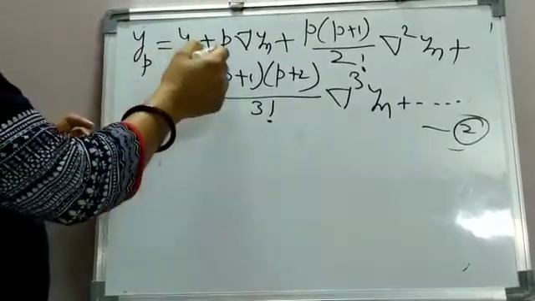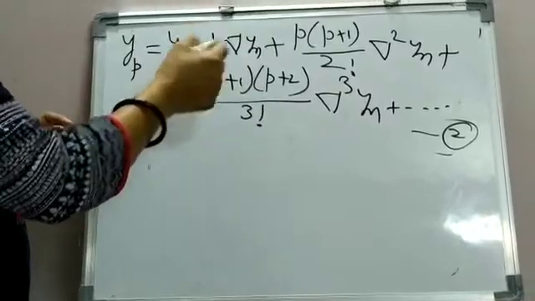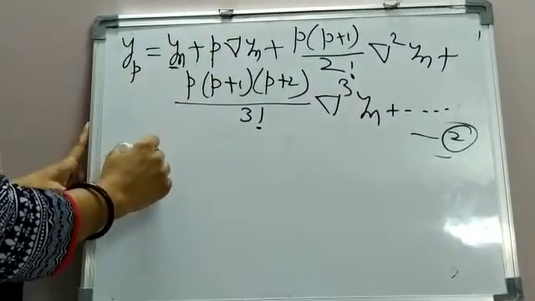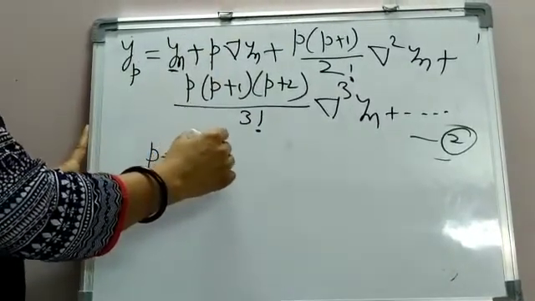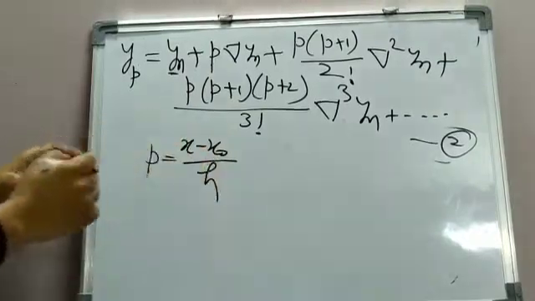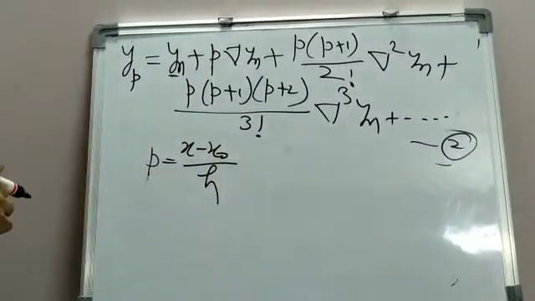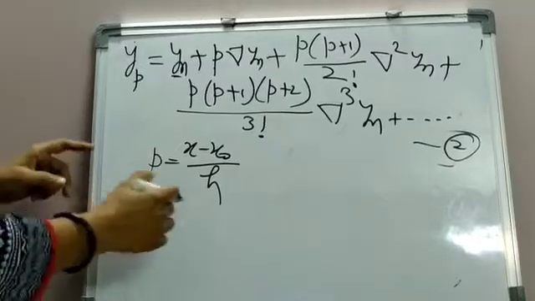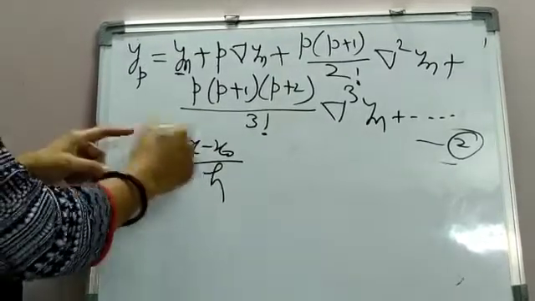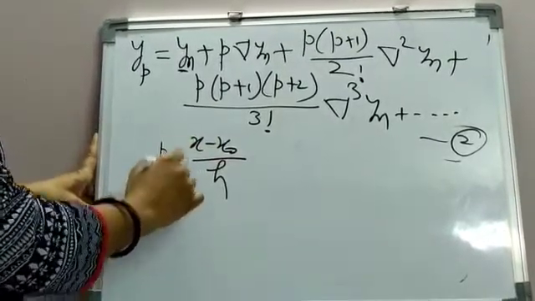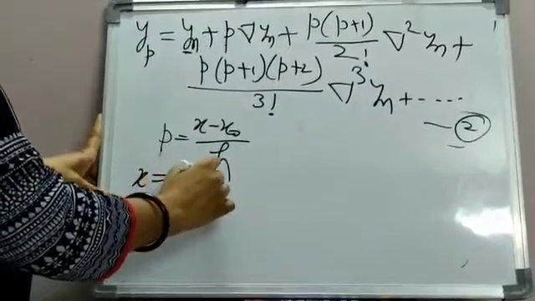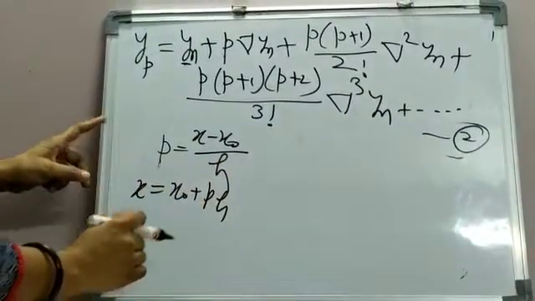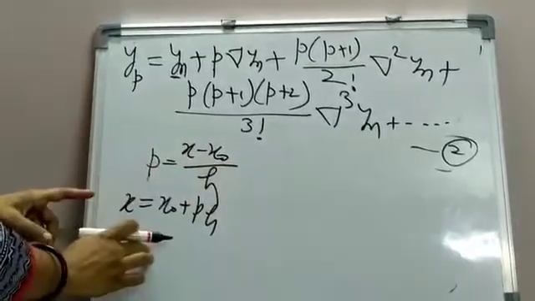Then you have to determine the value of p. So how can you find the value of p? p is the value x minus x0 by h. This is the value of p, right? How have we obtained this? Because we have taken x is equal to x0 plus ph. So this will come from here.